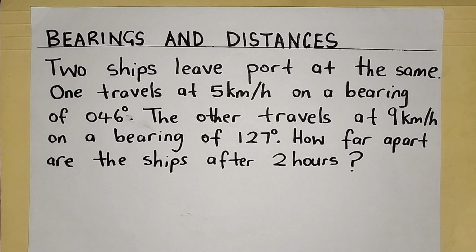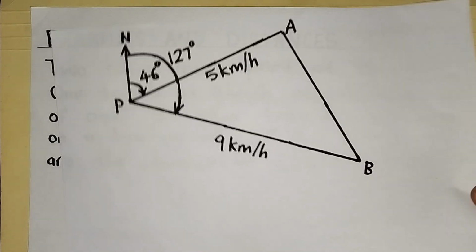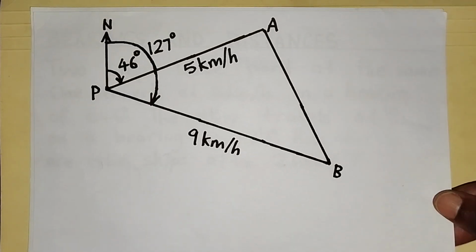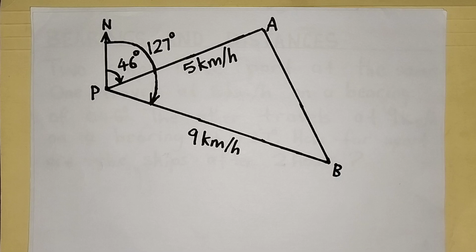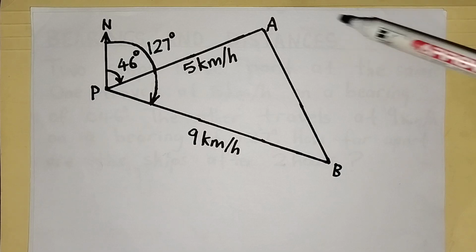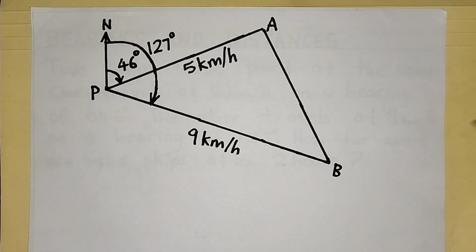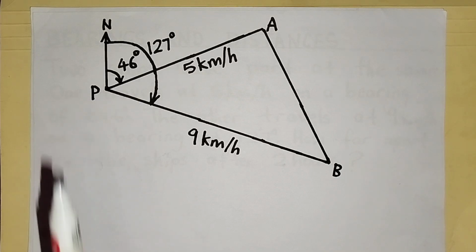Okay, so we want to know the distance between the two ships after they traveled for 2 hours from the same port. There's a diagram here which will help us to understand the situation at hand and answer the question. The first ship I've named ship A, and the other ship B, and P is our port.